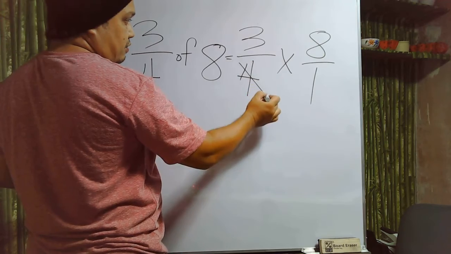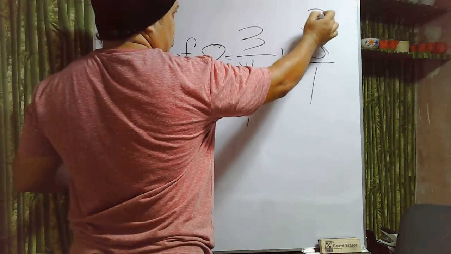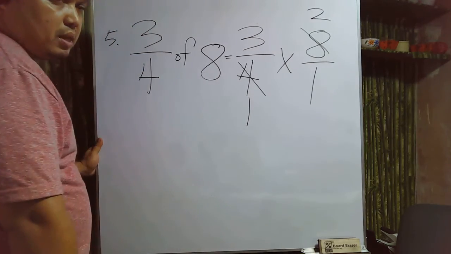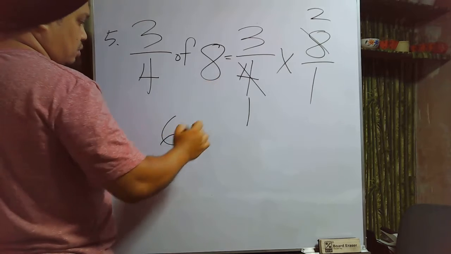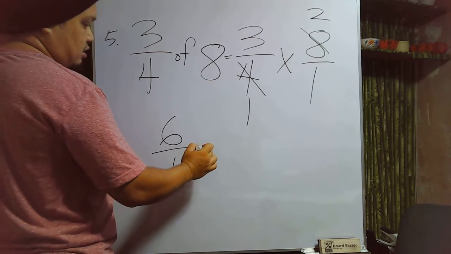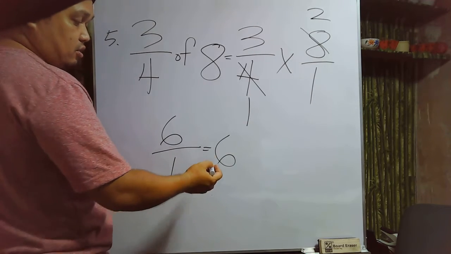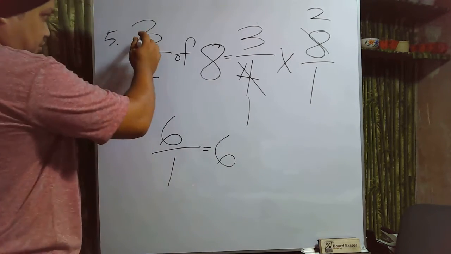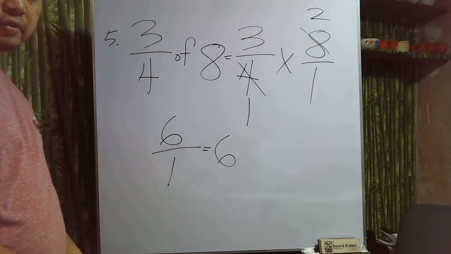Now 4 divided by 4 is 1, and 8 divided by 4 is 2. Let's multiply: 3 times 2 is 6, 1 times 1 is 1, and 6 divided by 1 is 6. Therefore, for our final answer, 3/4 of 8 is 6. That's the answer for your assignment.